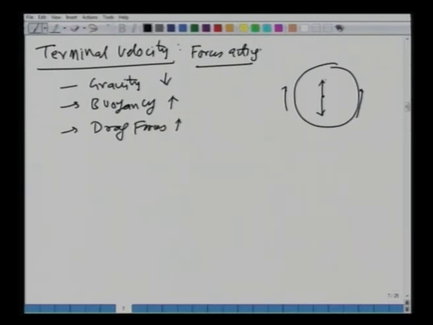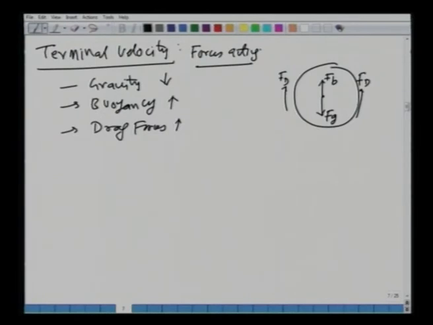Okay. So, this is your F_B acting upwards, this is your F_G, and this is your F_D. Okay. All right.